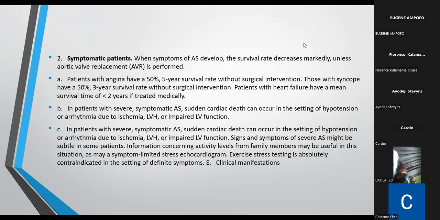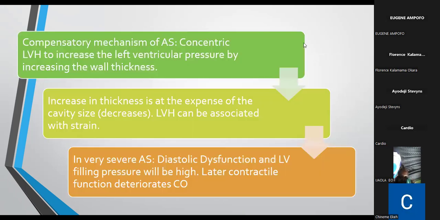In patients with severe or symptomatic AS, information concerning activity level from a family member may be useful, as may a symptom-limited stress echo. Exercise stress testing is absolutely contraindicated in the setting of definite symptoms.